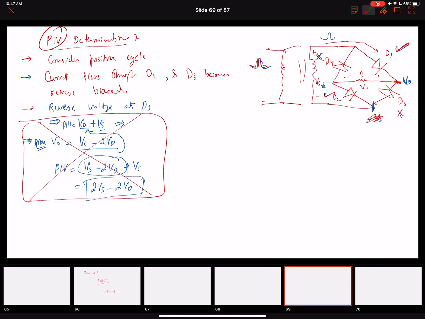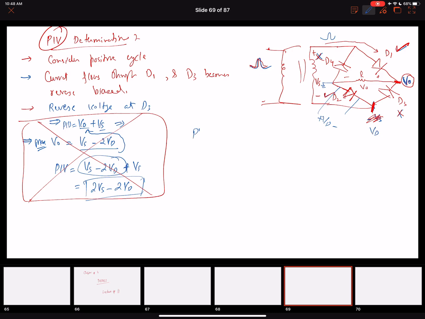At this point, we still have V naught, and at this point of the diode we have VD. Since D2 was forward biased in this conduction path, the potential drop across this diode is VD.